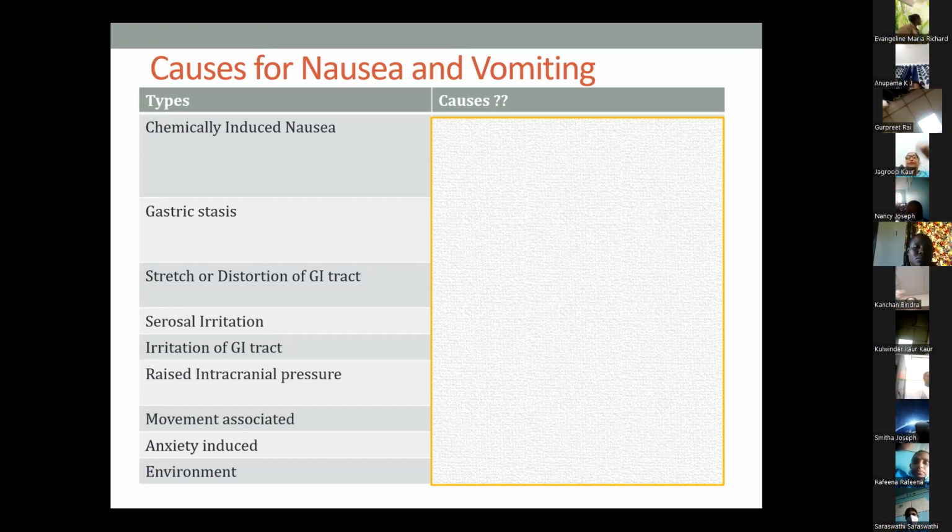So chemically induced nausea, what can be a reason for it? Any thoughts on that? What kind of chemicals are causing the nausea? Ms. Nancy says poison. Yeah, any kind of irritants can cause nausea and vomiting.